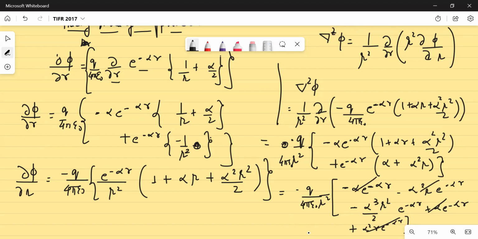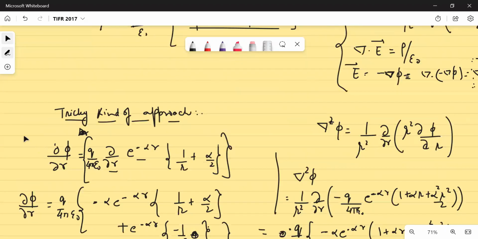And overall, I can express my entire thing, but also remember that all of these things that I'm doing are valid only for r not equal to 0. I'll do another approach also, but right now, whatever approach I'm telling is only valid if I want to evaluate my expression for r not equal to 0.